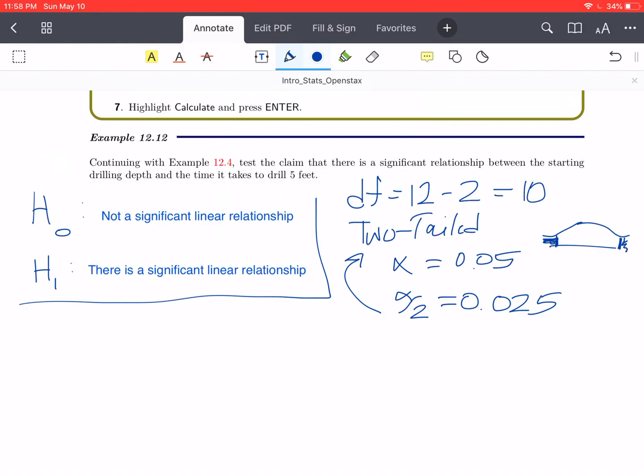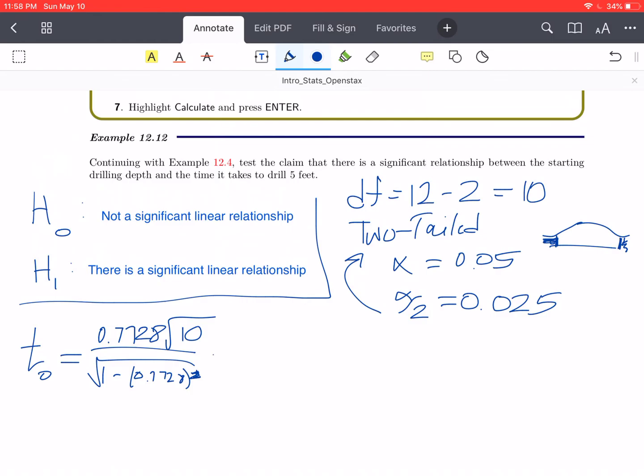All right, and then our test statistic, so T naught, that is R, 0.7728, which we found in the last section, times the square root of n minus 2, which is 10, over the square root of 1 minus 0.7728 squared.